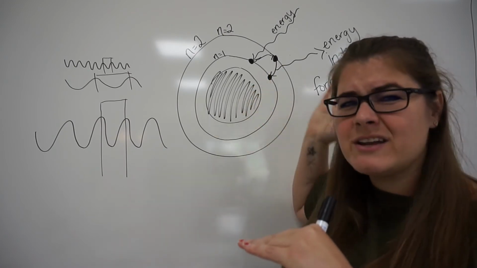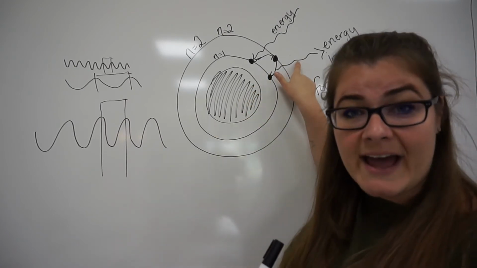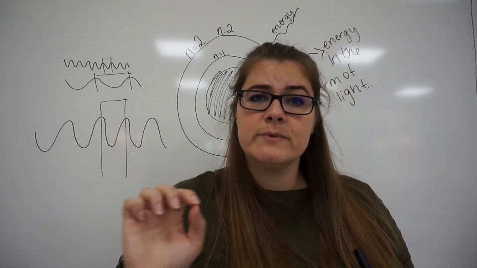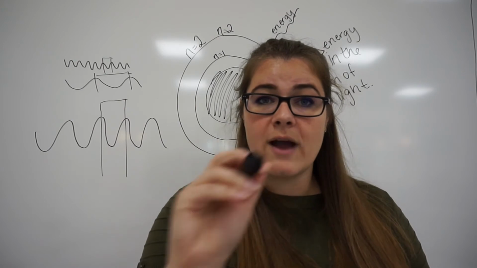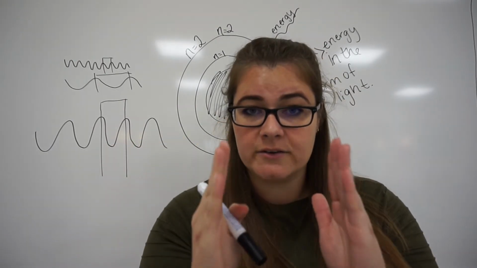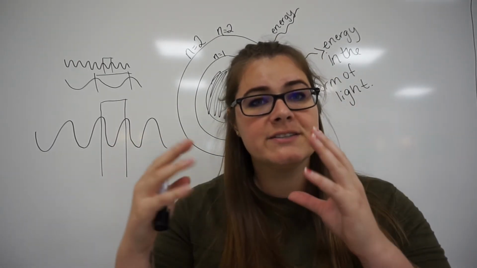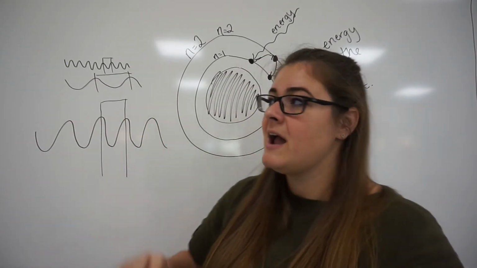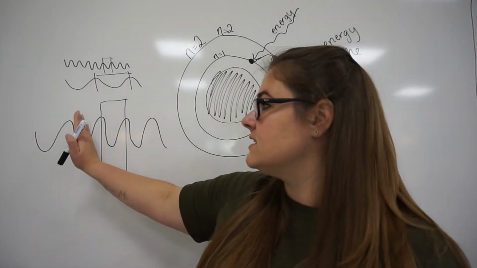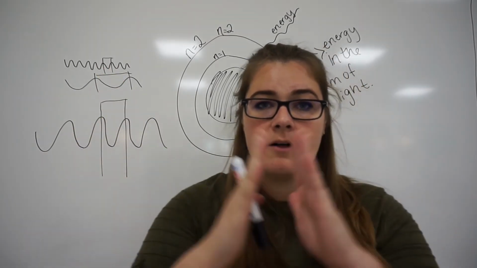When it goes down, it gets rid of that energy in the form of light. You're going to see it, you're going to record it, and then you're going to write down the wavelength that you saw. Okay, so you're going to see a color. You're going to have like a little chart. You see what color and you see what wavelength you saw. And remember, wavelength is just the length between the two peaks, so how big a wave is.